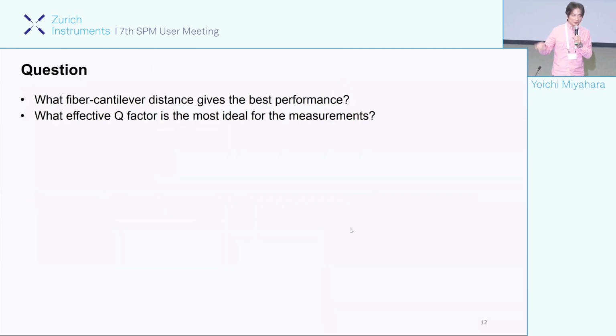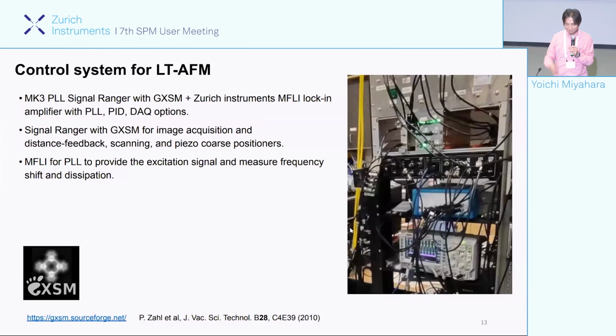To do that, we need to automate the measurement because it's a very lengthy measurement. Before talking about that, I want to introduce my setup. We use an MK3-PL Signal Ranger with GXSM, the open source software.